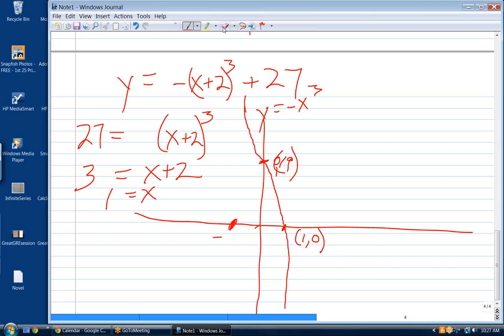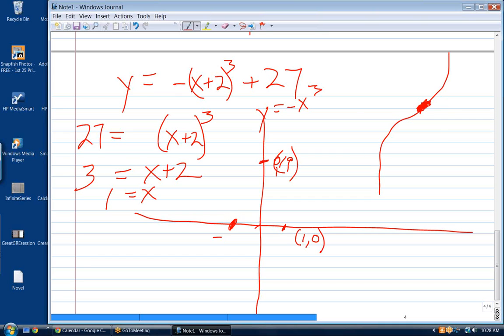I haven't drawn this correctly. Notice that there was one more key point. What was the other key point of this cubic? If you're drawing a cubic, it's that inflection point right there. That inflection point went through the origin with y equals x cubed.